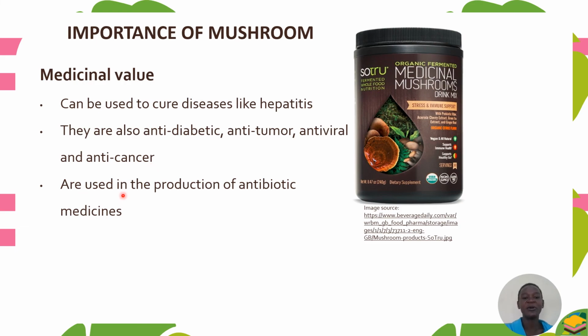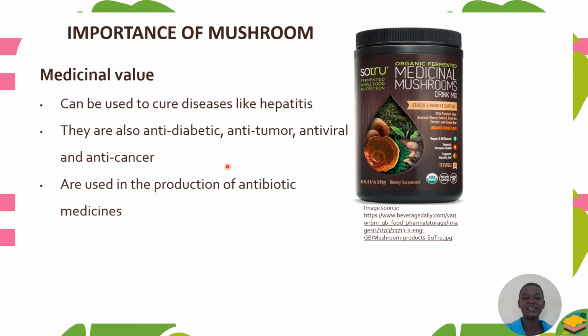These mushrooms are also used in the production of antibiotic medicine. On the picture here, there is a medicinal mushroom in the form of a drink. They make a drink out of mushroom and it can cure many diseases.